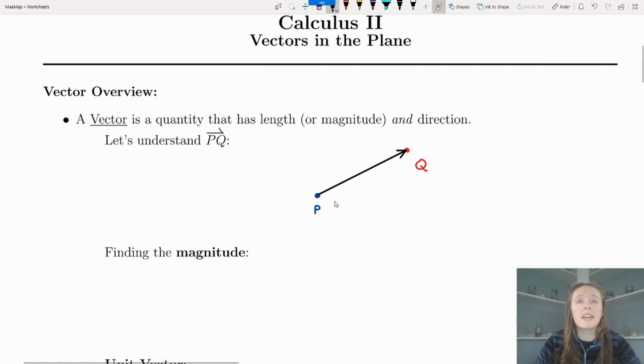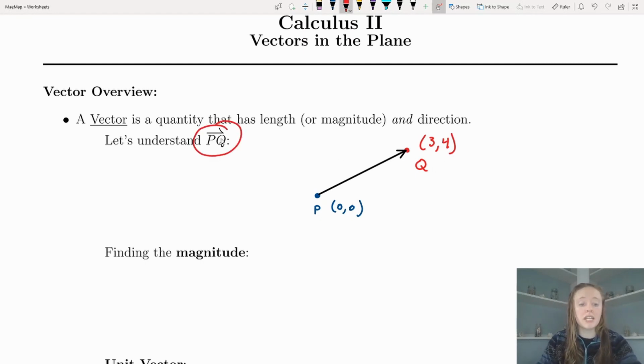Let's say that P is the point (0, 0), and we'll make Q the point (3, 4). Now in order to make vector PQ, we do head minus tail. That's how we form that vector.